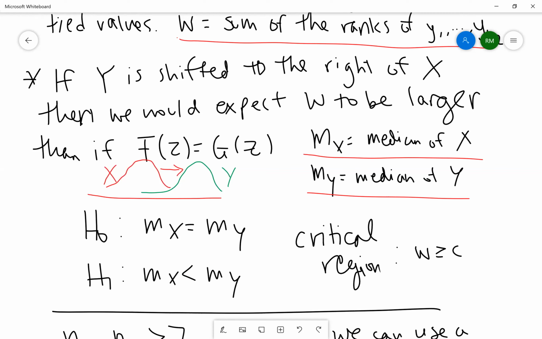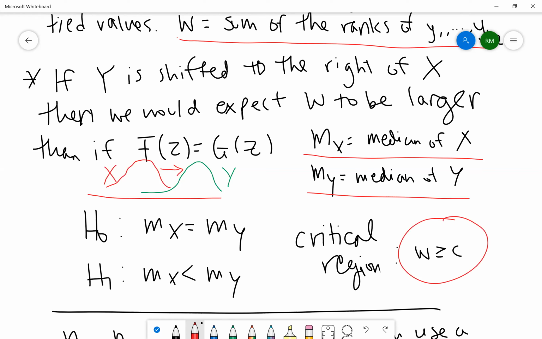Okay, so our critical region is we're going to say if W is too big, then we're going to reject the null hypothesis and accept the alternate hypothesis. But the question is always, what value should we reject at?